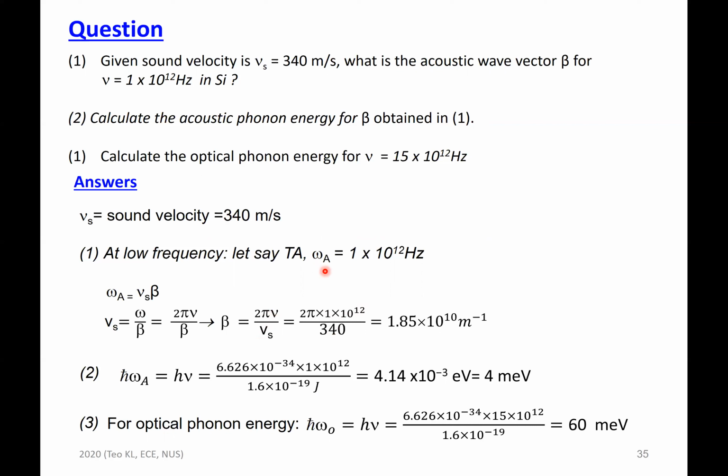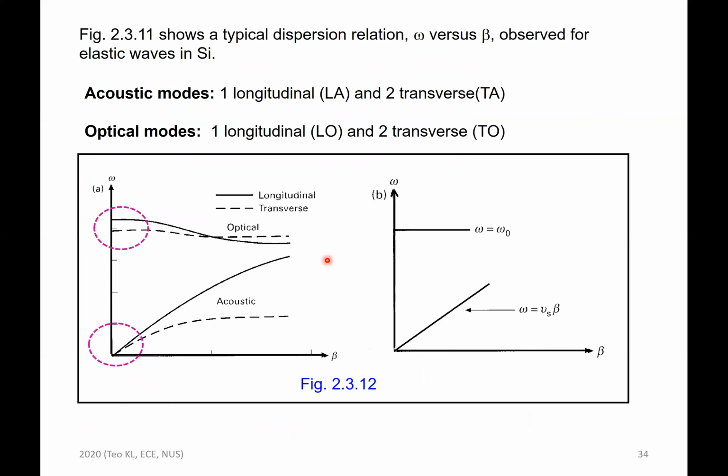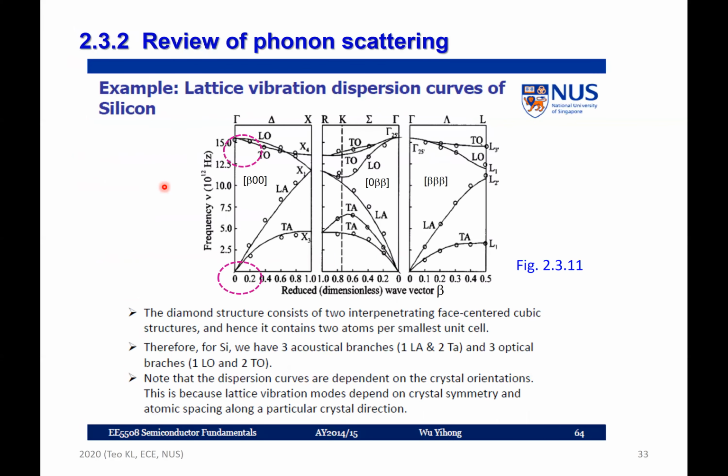Now, there's a mistake down here because omega A, in principle, should be the velocity V. So let us make a correction here. This is the velocity. So if we look at the plot of the diagram, this was plotted as a frequency mu. So 1 times 10 to the power of 12 is the frequency.